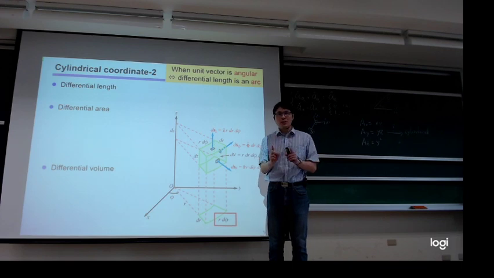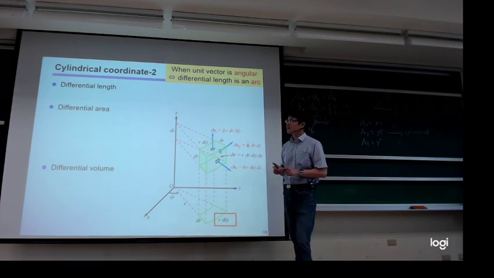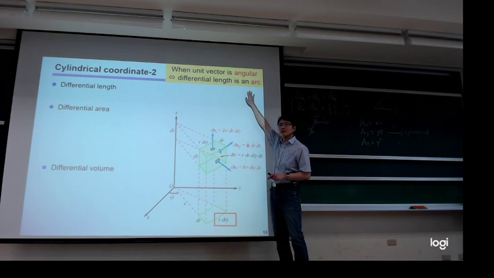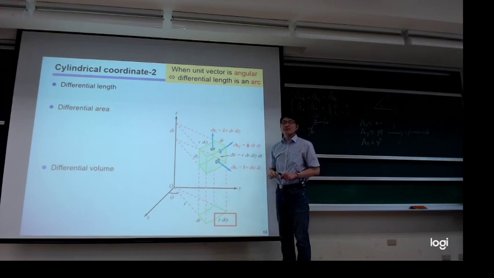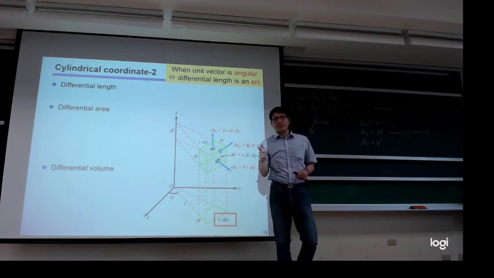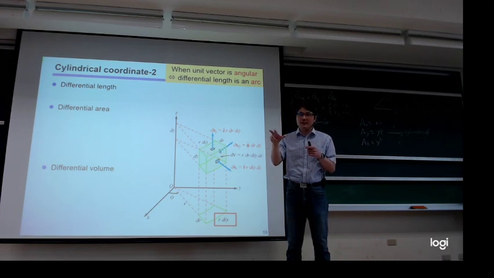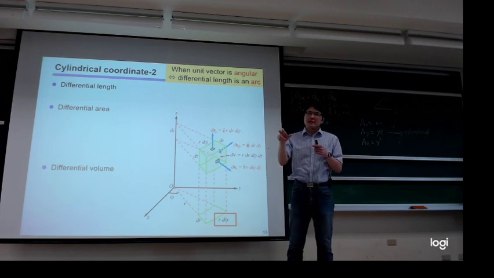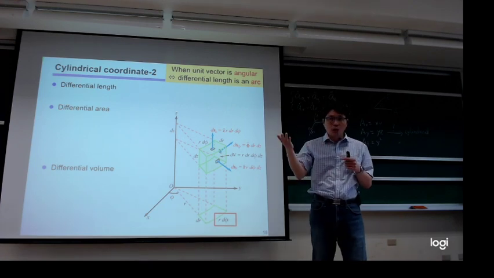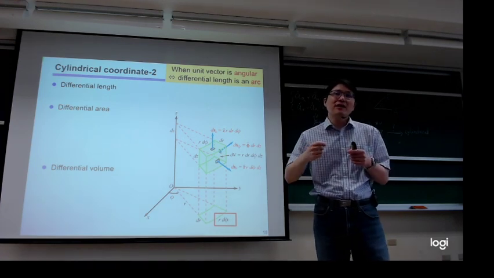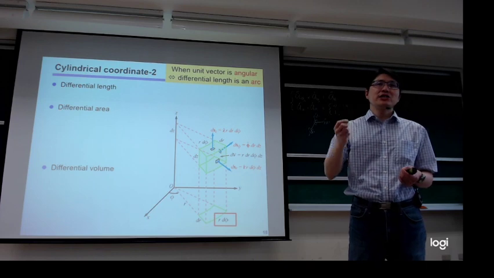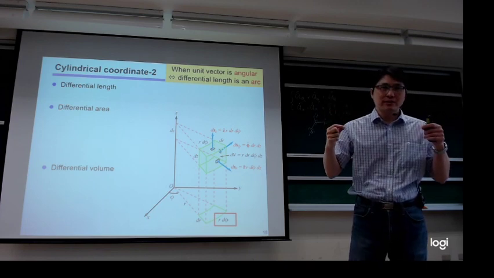This is a crucial point for you to remember, and I also noted it on the PowerPoint. When the unit vector is an angle, then your differential length is not a straight line, but an arc. The length of an arc is radius dependent.